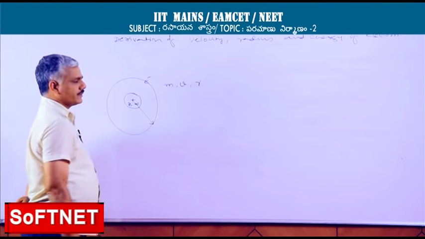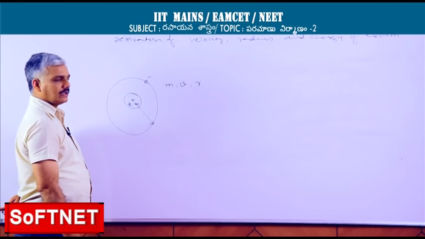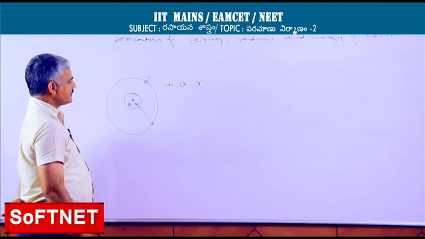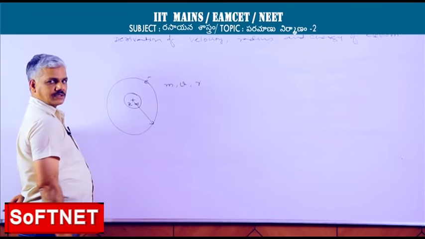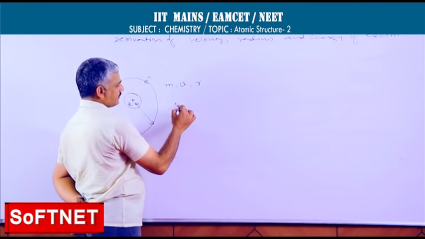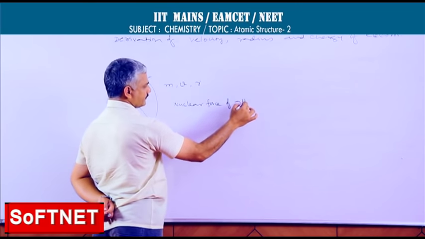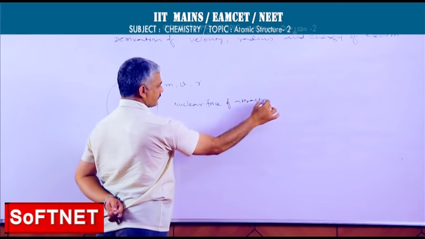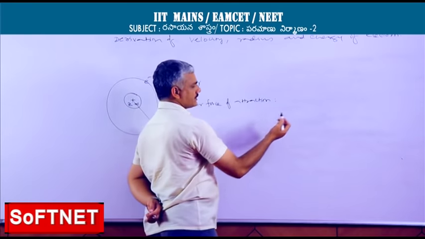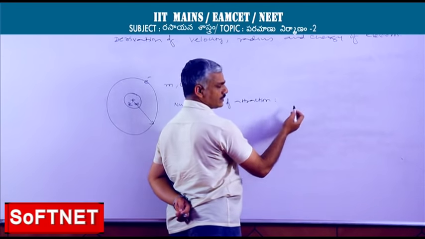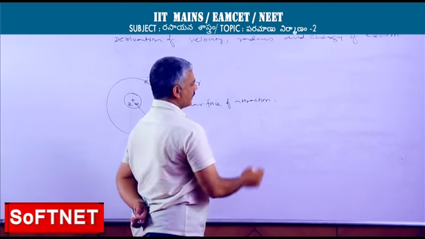Now, what are the forces operating on the electron? One is a nuclear force of attraction, which can be calculated by using Coulomb's law, that is Q1 Q2 by D square.